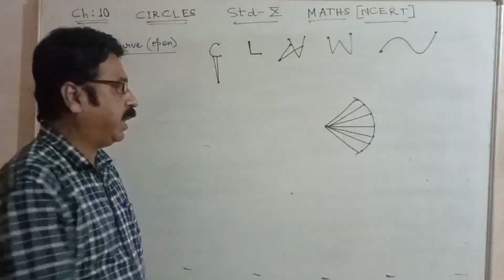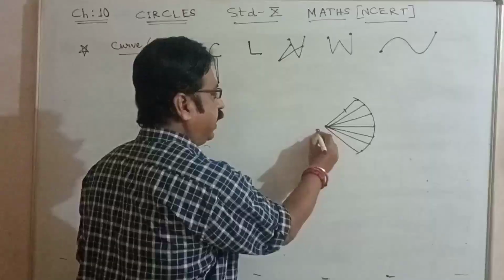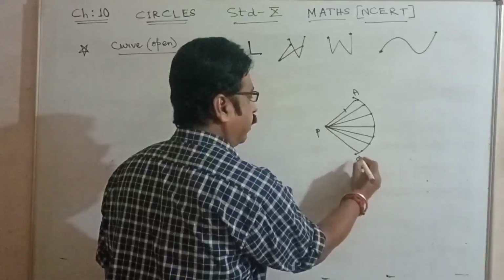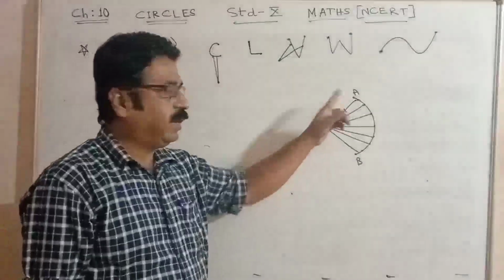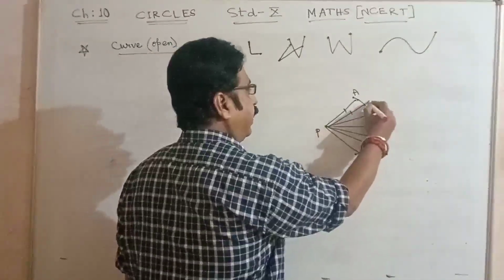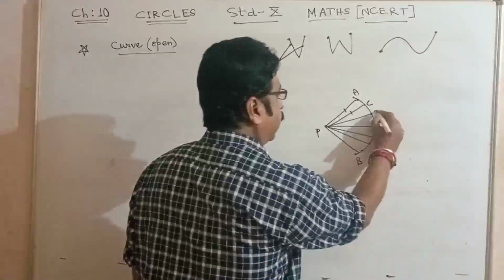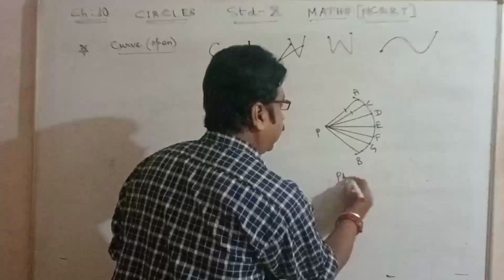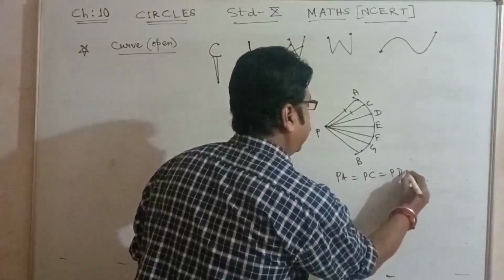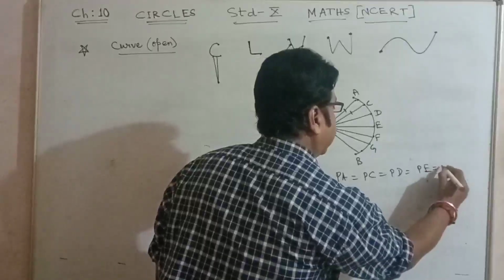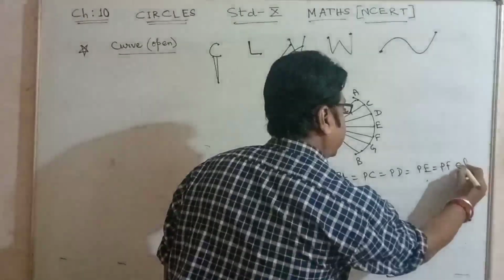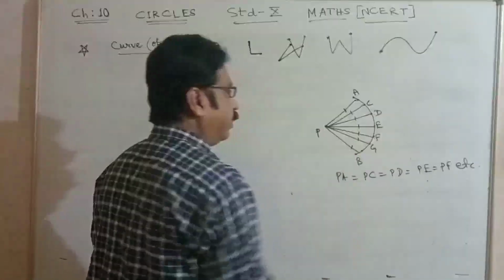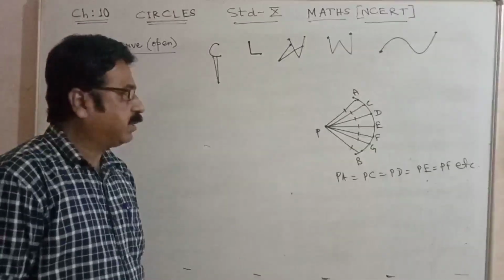Suppose this is the point P, this is the open curve, and the points on it are A, B. From point P, PA distance, and PC, same, D, E, F, G, etc. We get PA, PC, PD, PE, PF, etc. Distances are same. Later we will discuss this curve again.